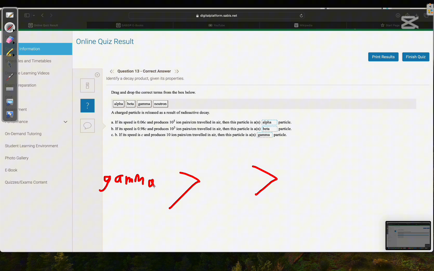Beta moves at a speed really close to 0.98 times the speed of light, or 98% of it. And then alpha is the slowest, moving at 0.06 times the speed of light. This is in terms of speed.